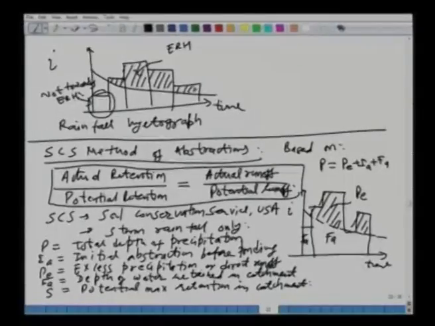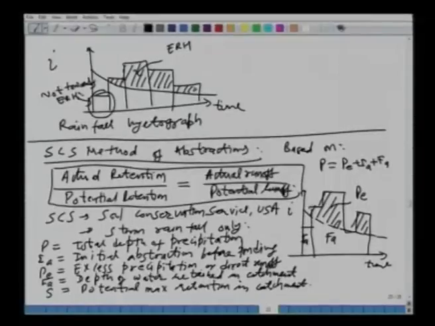So, capital S is the maximum possible or the potential retention of the catchment, how much water a catchment can store. This is the maximum. However, during any given rainfall at any given time, it would be less than that. So, that we are defining as F subscript A. FA is the actual retention.